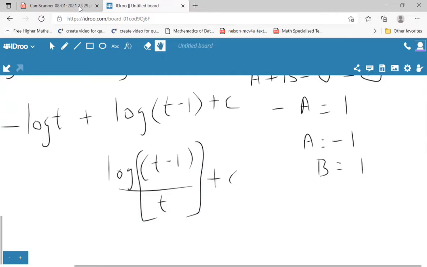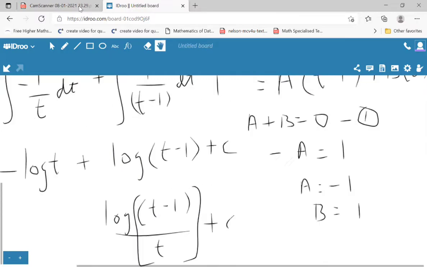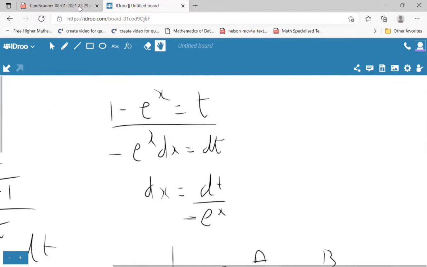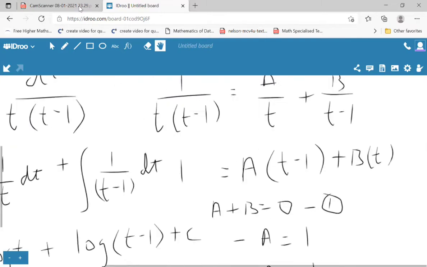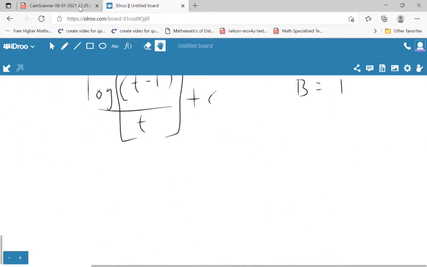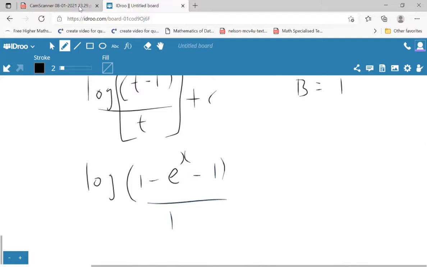Now substituting back for t, what did we take t as? We took t as 1 minus e to the power of x. So we can rewrite this as log of (1 minus e to the power of x) minus 1, by 1 minus e to the power of x, plus c.